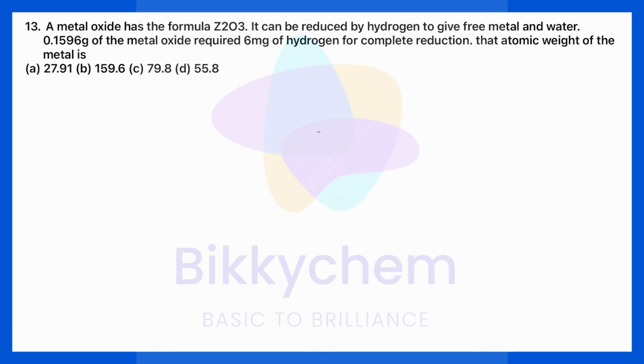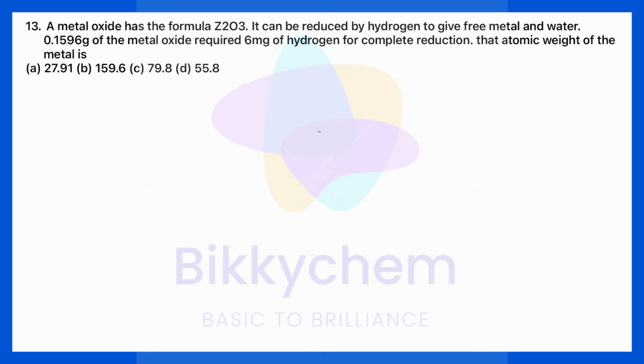Okay, dear student, let's see the next question. The metal oxide has the formula Z2O3. It can be reduced by hydrogen to give free metals and water. 0.1596 gram of metal oxide requires 6 mg of hydrogen for the complete reduction. The atomic weight of the metal is.